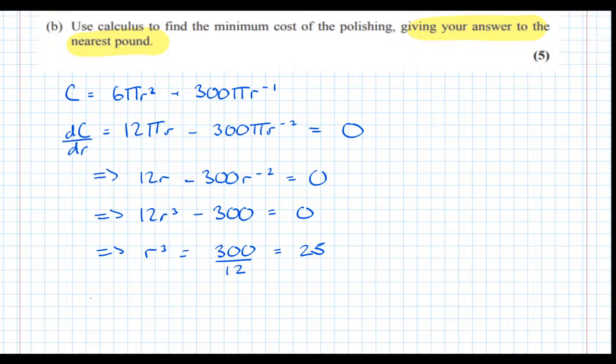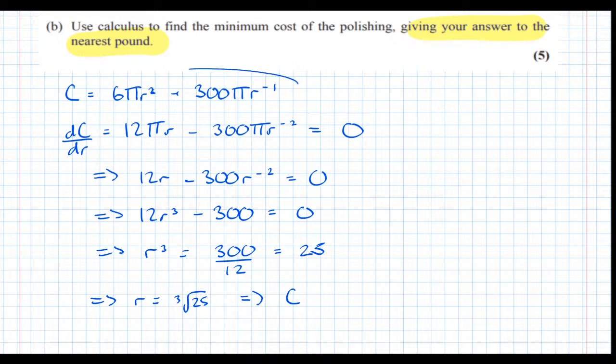So that means that r equals the cube root of 25, but we weren't asked to find r, we were asked to find the cost, c.